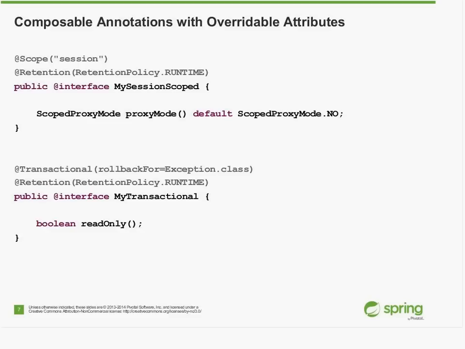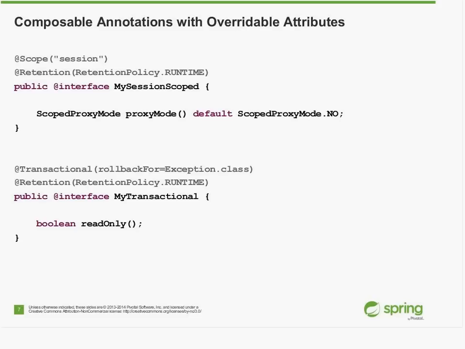Maybe it's just as a convenience, as a kind of shortcut, instead of having to repeat a longer winded combination of annotations, you would define a few custom ones. That was possible in Spring for quite a few years now, ever since the Spring Framework 3 generation. What's new here in Spring 4 is the use of attributes.